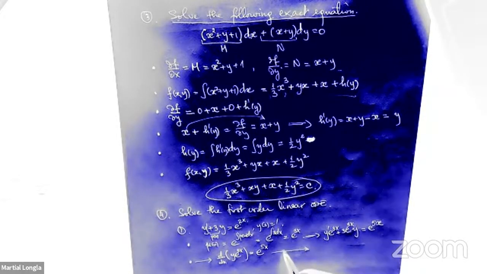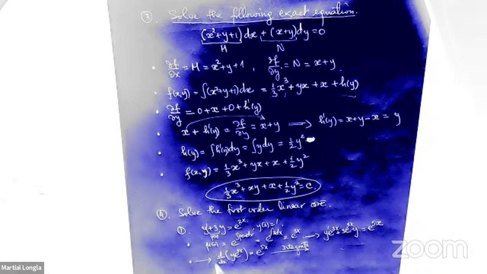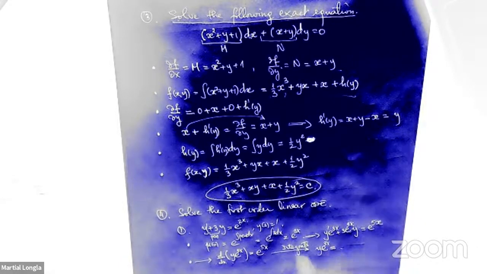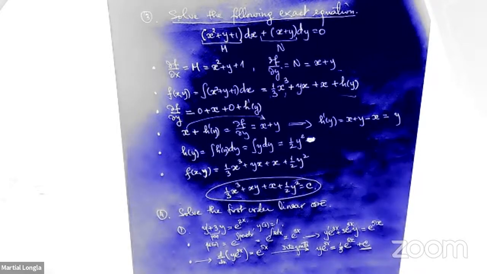From there, next step, integrate. You miss this step, there's no way you're going to get that integral. When you integrate the left, you just get rid of the derivative, you get y e to the 3x equals, you integrate the right, you get 1/5 e to the 5x plus a constant, and never forget the constant of integration.